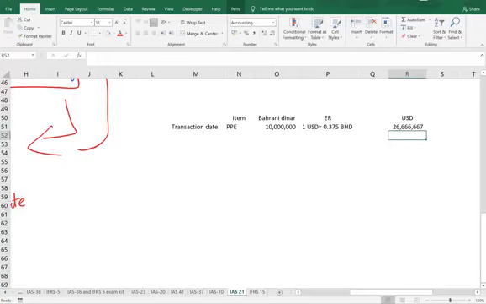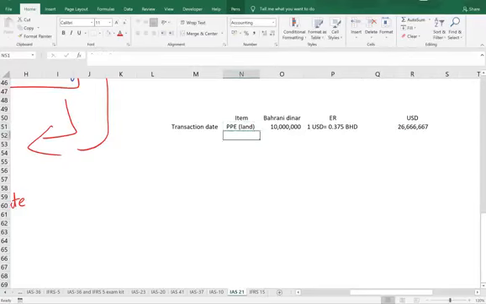Exactly. So 26.6 million USD. Now, for example, I'm assuming that this is land. We don't depreciate land, we know this. Now, at the reporting date, I'm holding this land at the revaluation model.